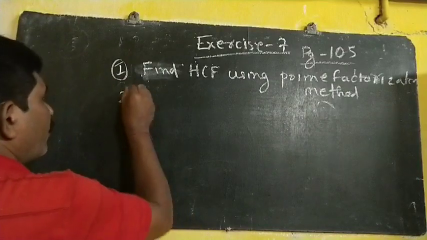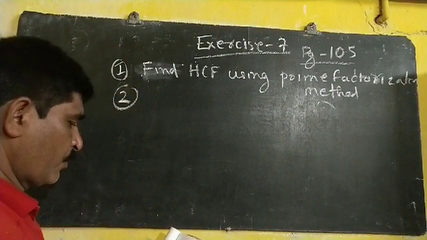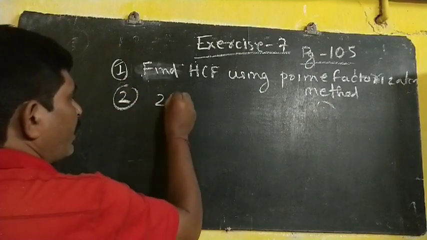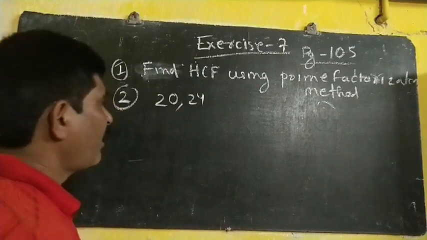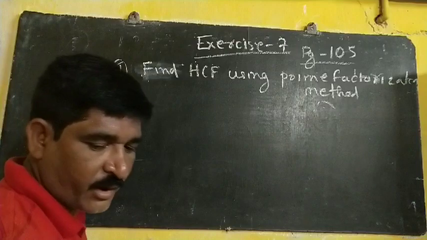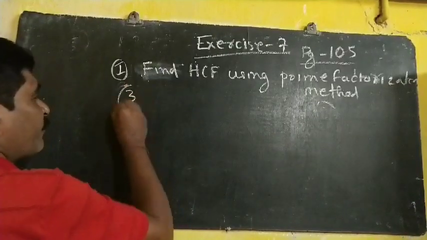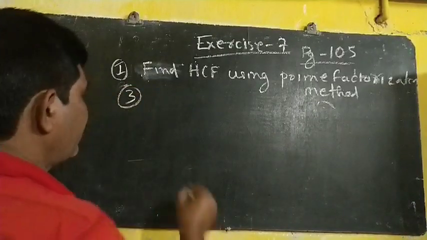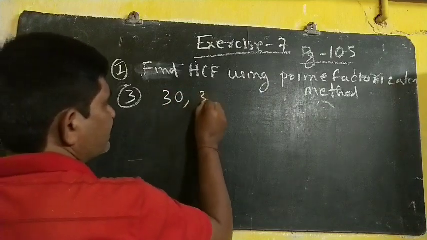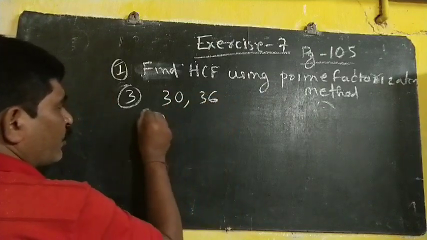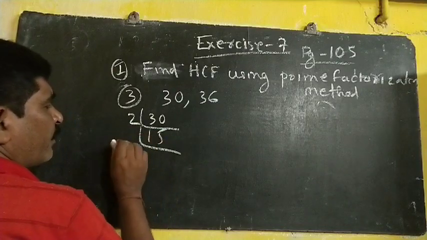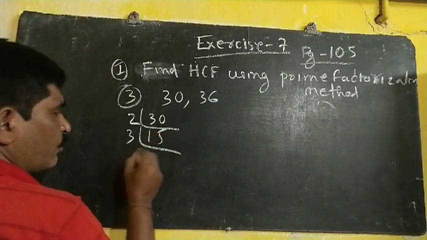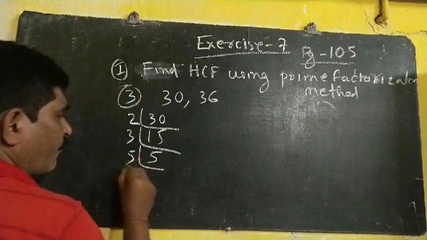Number 2, 24 and 20. 24, 20, already I have done earlier. Then number 3, 30 and 36. Here also, quickly find the factors of 30. 30, 15. Now 2 does not go, 3 goes, 3, 5, 5.